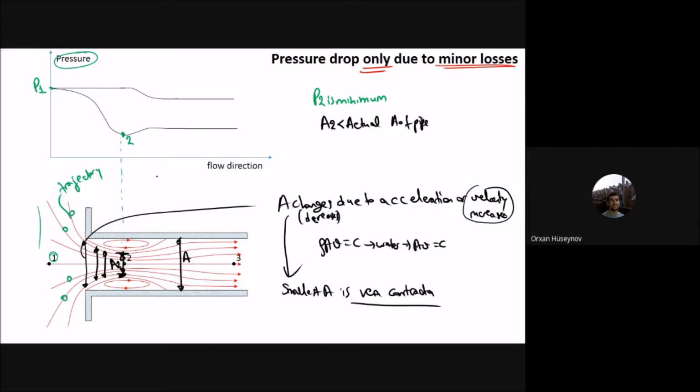Okay. Now for point 2, you have the minimum pressure. And then now comes the deceleration part. So till that location, you have the acceleration. So this part, from the inlet, from 1 to 2, is acceleration. Okay. Now comes the deceleration.